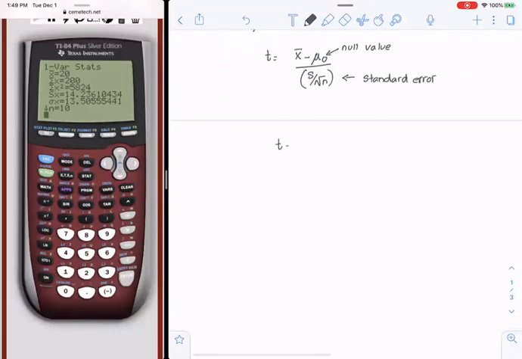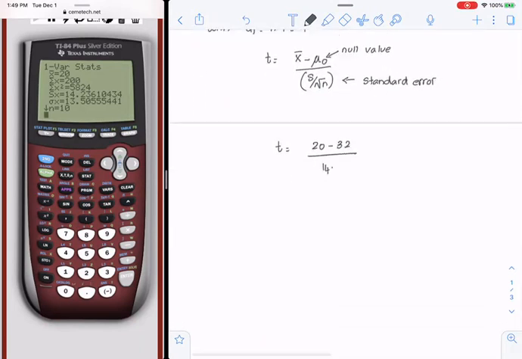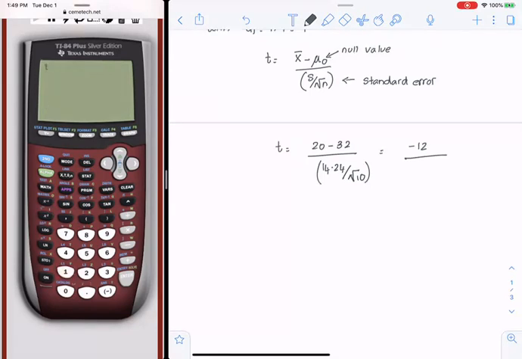So the test statistic t is 20 minus 32 divided by the standard deviation, which is 14.24, over square root of 10. So 20 minus 32 is negative 12. The standard error is 4.50.